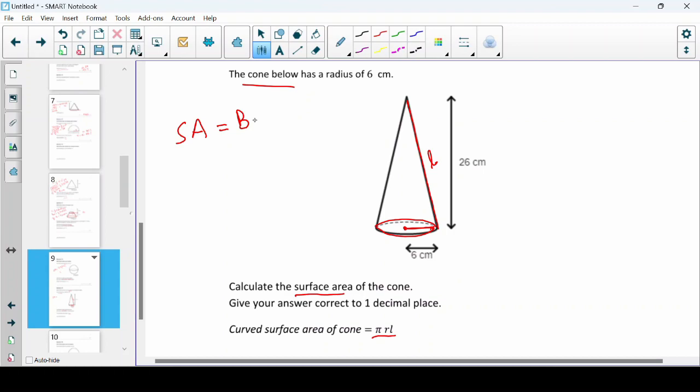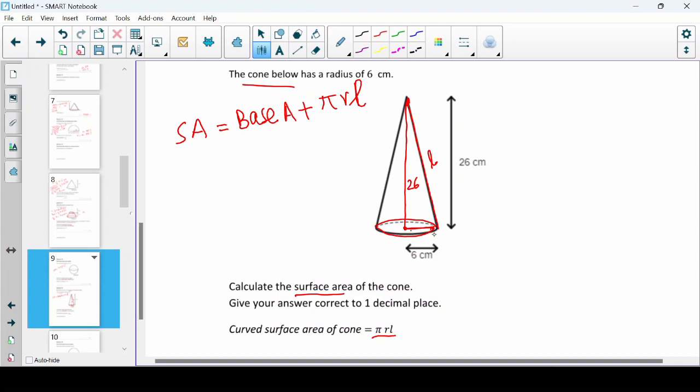L is this length, the slant length. In this question, the length has not been given to us. We know the radius and we know this height, which is 26, but we do not know the L.